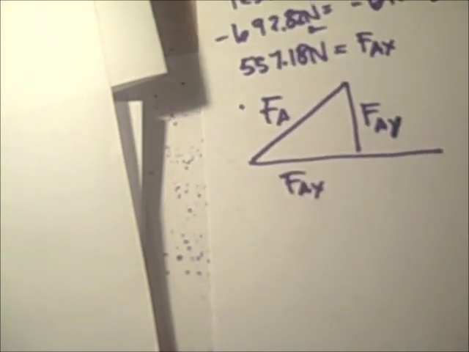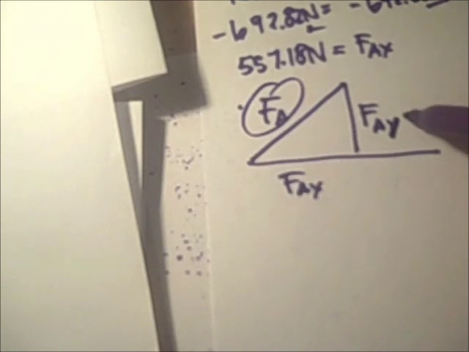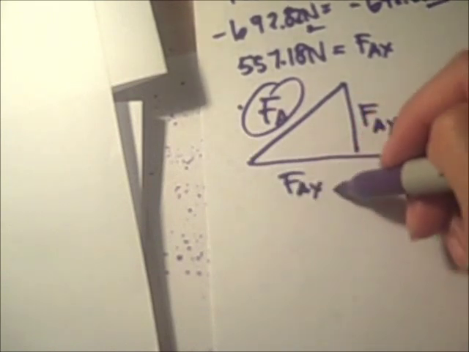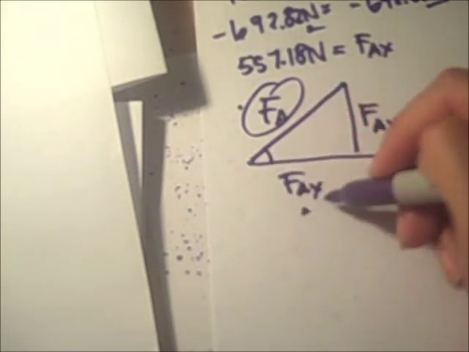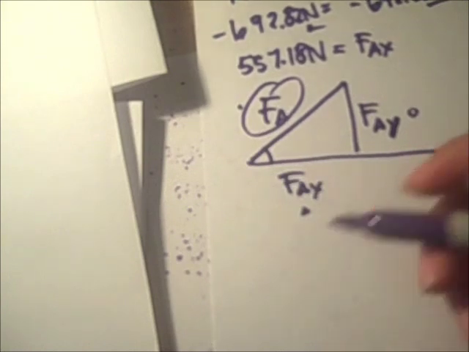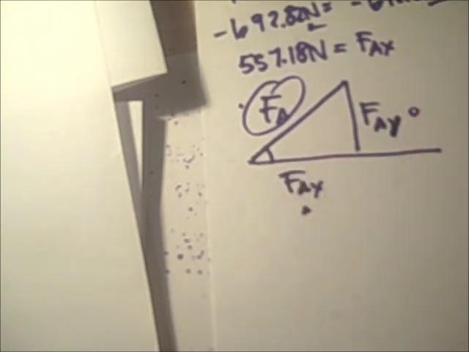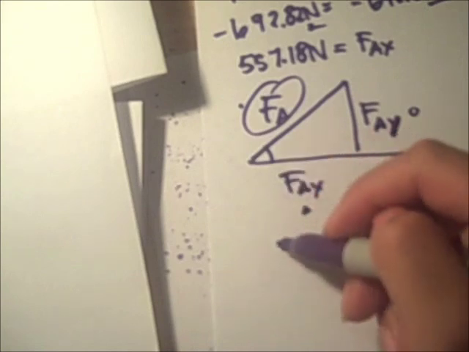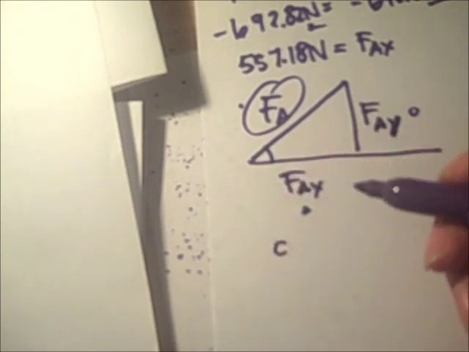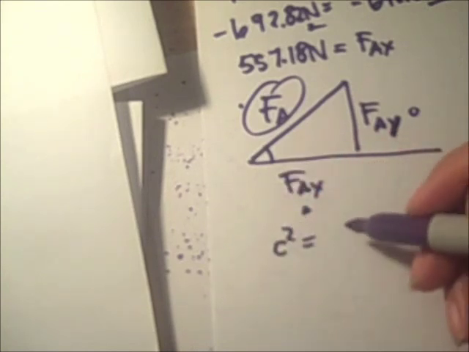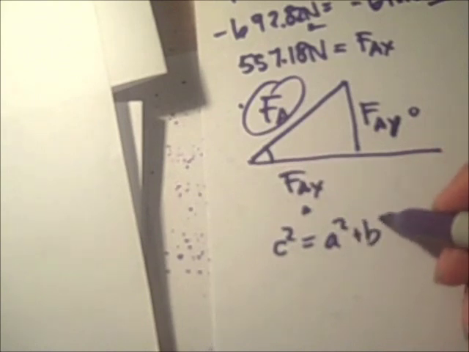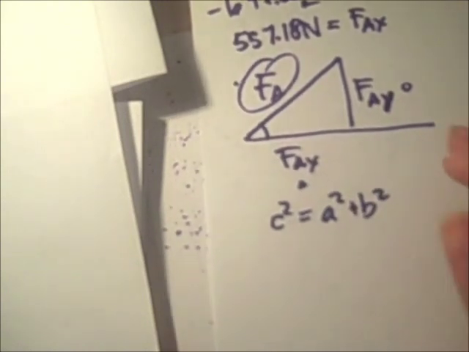And let's see, if we were trying to find the hypotenuse, given that we do have the adjacent right here and the opposite, we can use the Pythagorean theorem. It's not that intense. Alright, there's the Pythagorean theorem.